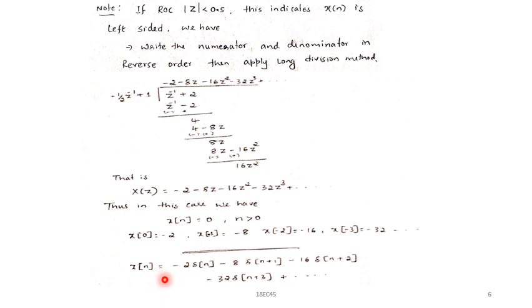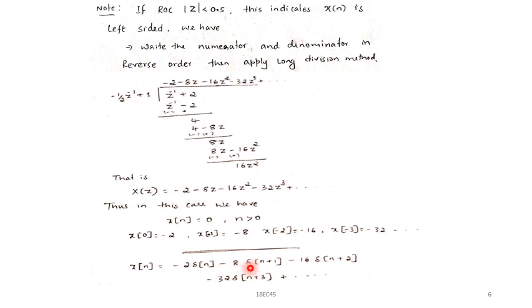Therefore x of n can be written as, if I take the inverse transform of this particular term directly, minus 2 into delta of n, because you know that the transform of delta of n is 1 and the inverse Z transform of 1 is delta of n.